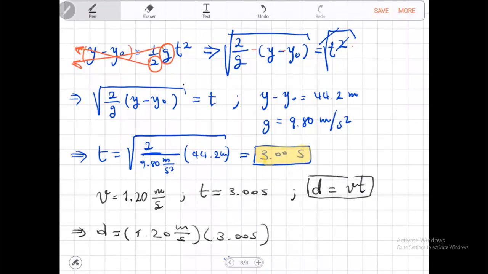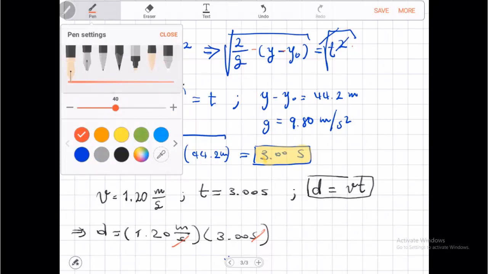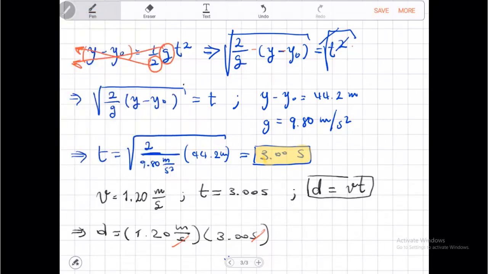The seconds on the bottom and top eliminate each other, and the result is in meters: 3.6 meters. So that's the distance d that he walks.